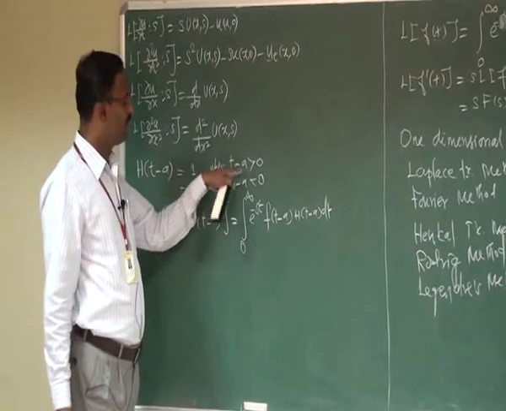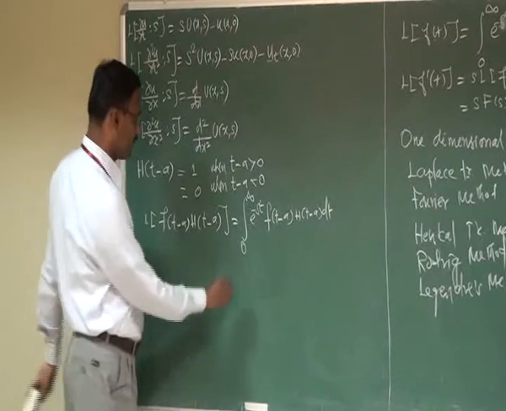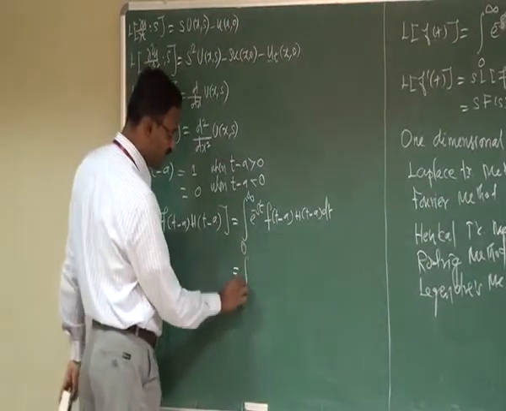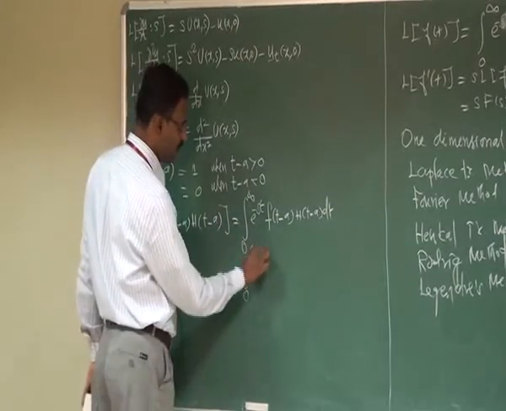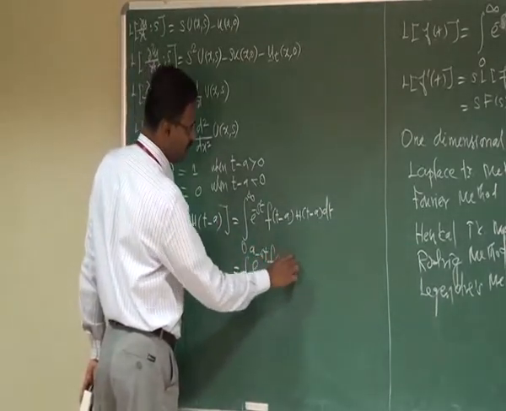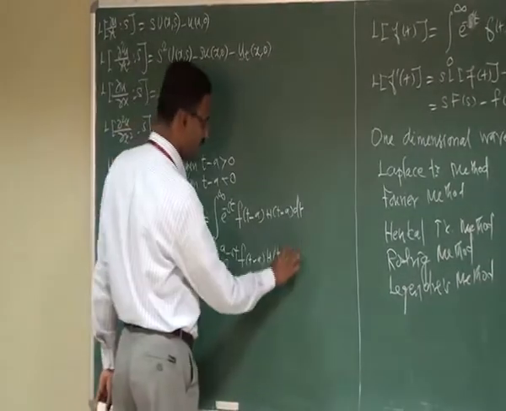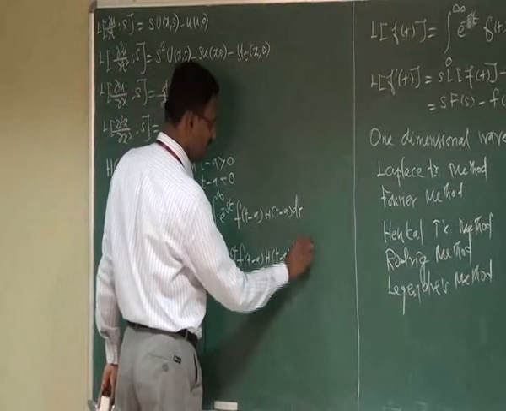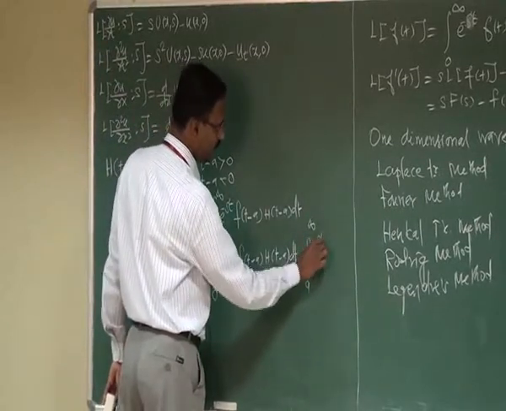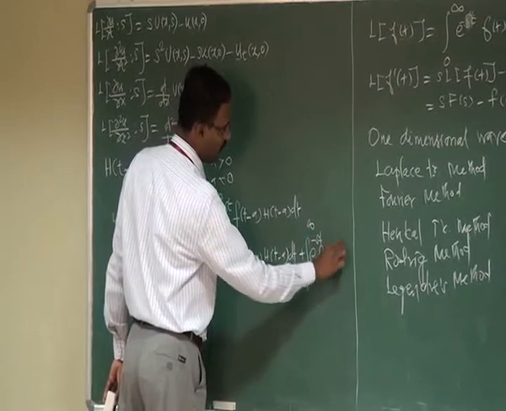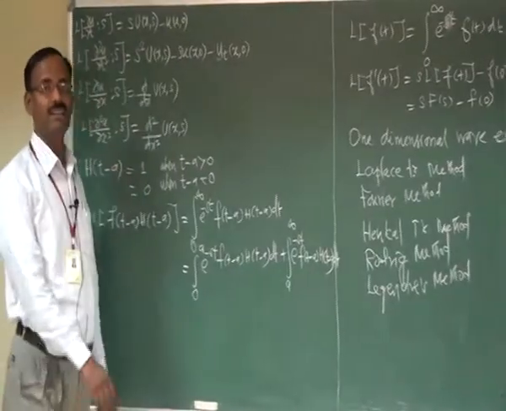Since t minus a is greater than 0 means t is greater than a, the integral from 0 to infinity is split into the integral from 0 to a of e^(-st) f(t minus a) H(t minus a) dt plus the integral from a to infinity of e^(-st) f(t minus a) H(t minus a) dt.